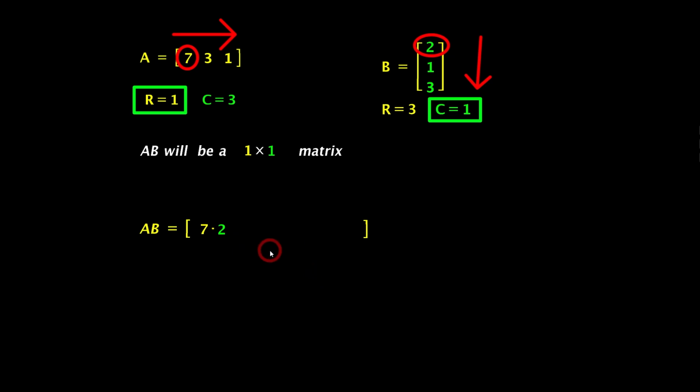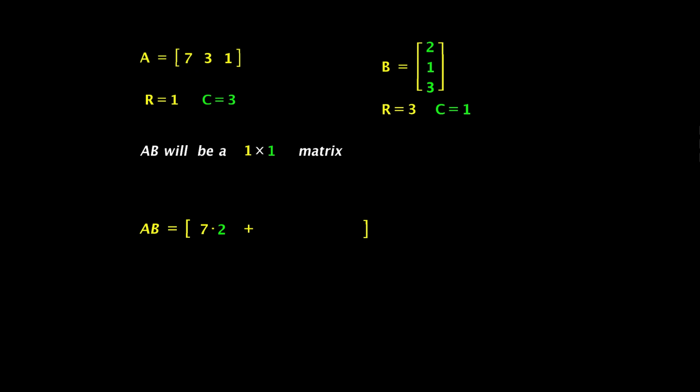Now, previously we wrote matrices without any sign, but when we multiply two matrices with each other, no sign needs to be written. We add, and now what we do is we pick up the second number from here and the second number from there and write it over here.